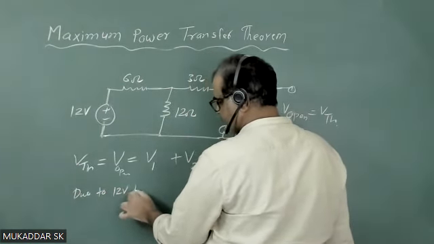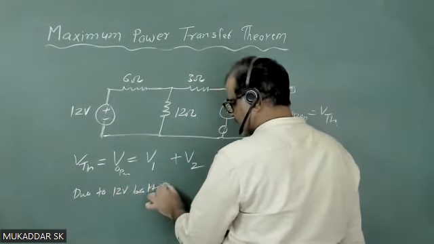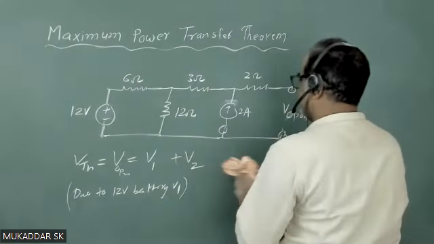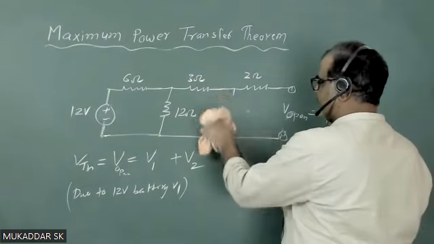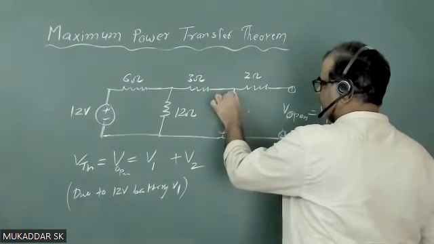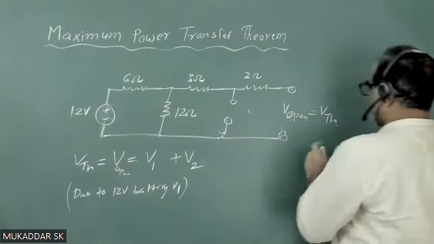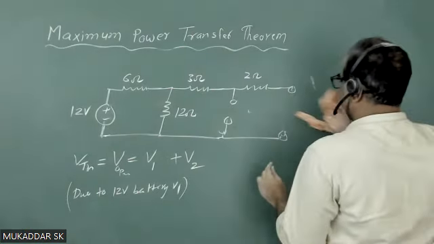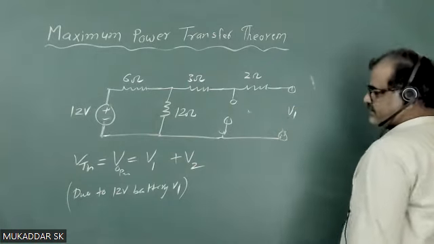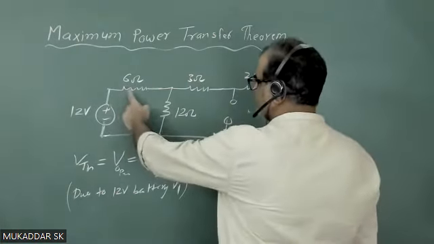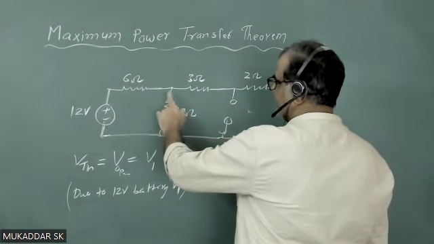So now I'm calculating V1 due to the 12 volt battery. In order to calculate V1, I need to deactivate this current source, which means this will become open. Whatever voltage comes here, that will be my V1. From the circuit you can see the current will start here and go here.